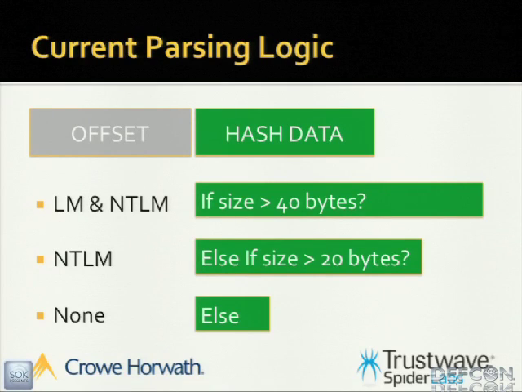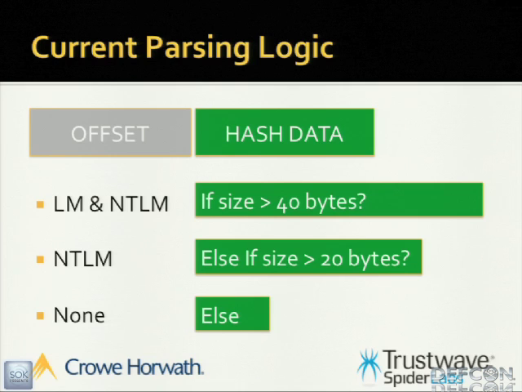But we said, all right, turns out we have this V key, which has all of the data we want to play with, and we need to read into a certain part of this key, which is the offset. So we're just reading in until we hit that hash data. Then, once we get to the hash data, we need to figure out how to parse this. The way these tools did this was they measure the length of the hash data. If the length of hash data is over 40 bytes, then they assume they have an LM and an NTLM hash, because each hash is 16 bytes, and then there's a 4-byte header for them.